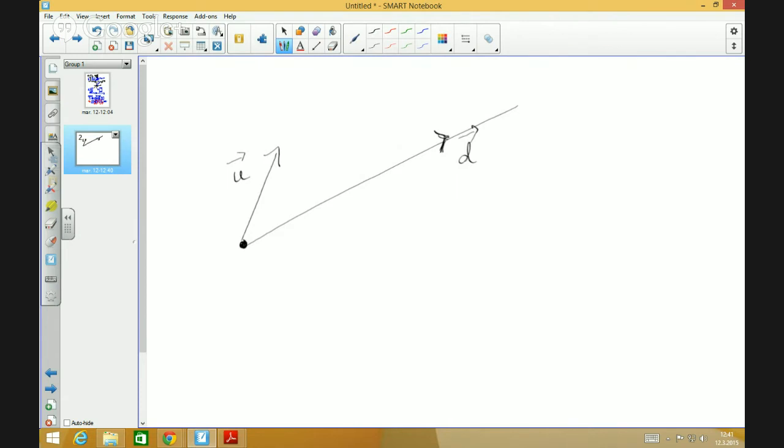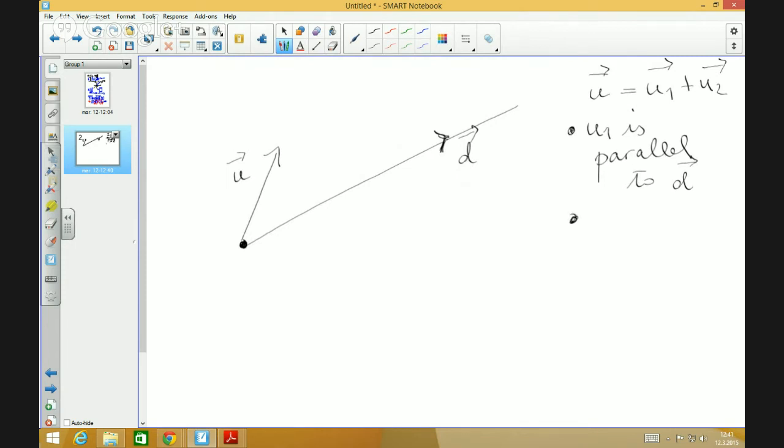So what I want to do now is to show you how you can write u as a sum of two vectors with the following properties. u1 is parallel to d, to the direction vector.